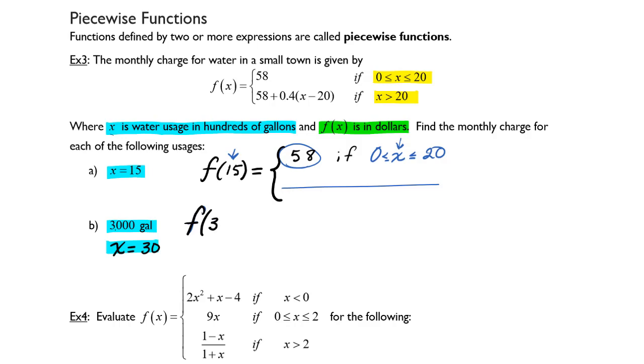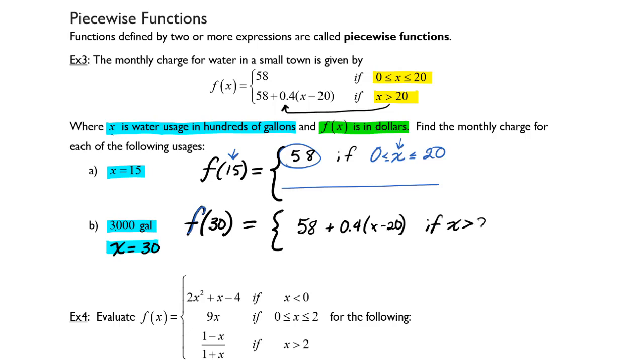I'm putting 30 into my function, and which one of these rules should I use? Well, x is absolutely, completely greater than 20. So I'm going to use the rule that says 58 plus 0.4 times x minus 20 as my rule, because this is when x is greater than 20.